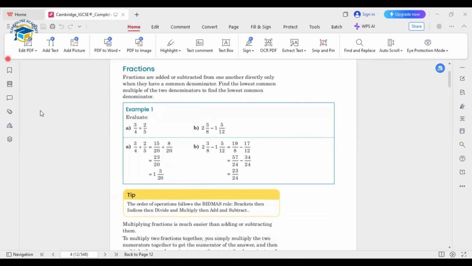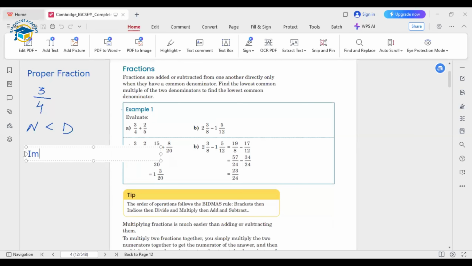The first kind of fraction is the proper fraction. In a proper fraction, the numerator must be smaller than the denominator. This is called a proper fraction.